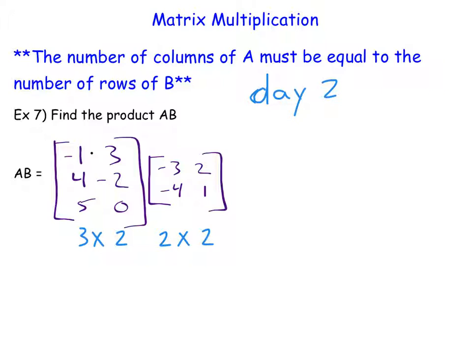Actually, no, with multiplication, that's what this first little line is getting at: the number of columns of A has to match the rows of B. If you write out the order underneath, those numbers need to match, and they do, which means it's possible to do it here. And even more than that, if you go with the outside two numbers, that is going to be the order of your product. So you're going to get a 3 by 2.